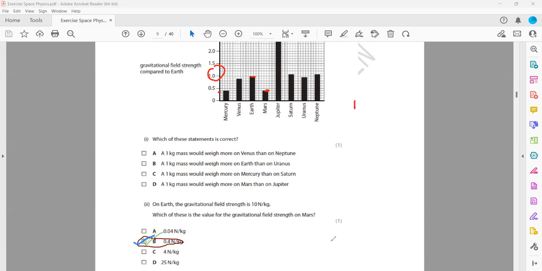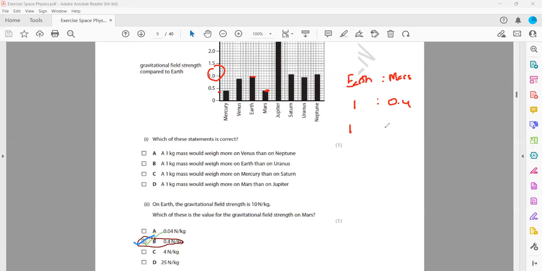Actually, the correct answer for this one will be C, not B. Why? Because when we compare the ratio of the gravity of Earth and Mars, if this was 1, this is 0.4. So 1:0.4 is the ratio of the gravity, like a comparison.